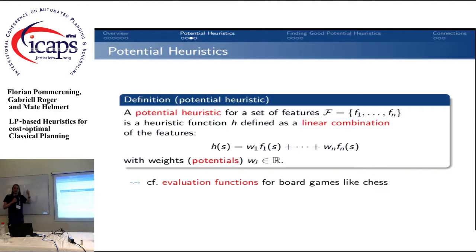If my opponent has a rook, it's worth -5 points for me. That's just this kind of heuristic, and they've been used a lot in alpha-beta search, mainly because they're very simple to evaluate and also very simple to evaluate incrementally. If I go from one state to the next one, and I know some of the features don't change, then I can also incrementally compute this very efficiently, and that's another very nice property of this kind of approach.